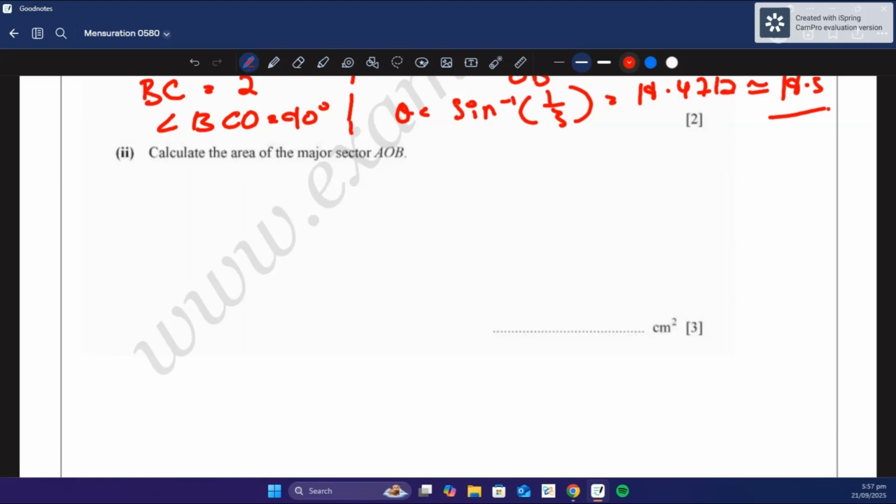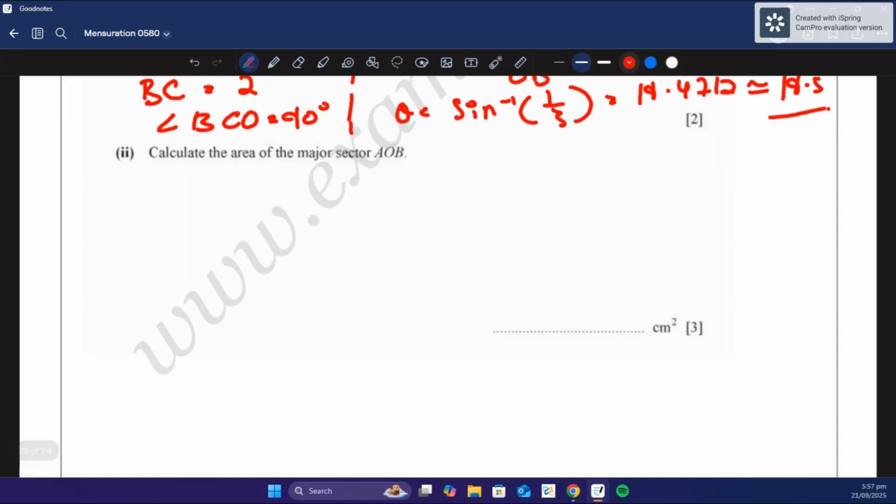AD squared is equal to 6 squared plus 11.314 whole squared minus 2 into 6 into 11.314 into, as we just calculated over here, minus 0.7071, and that should give us 16.1. So 16.1 is the correct answer.